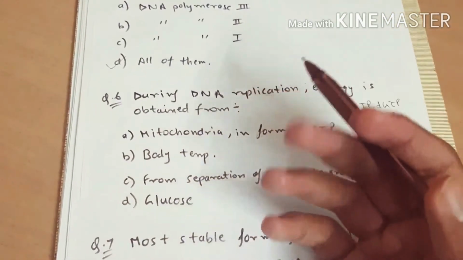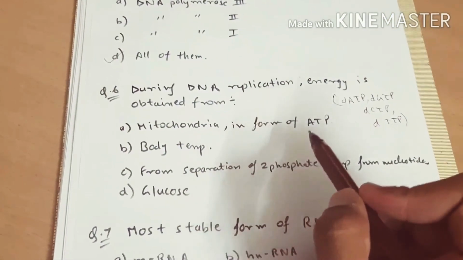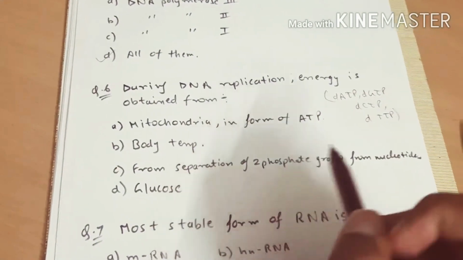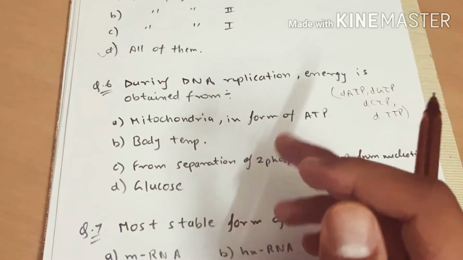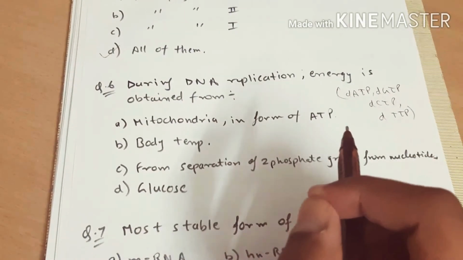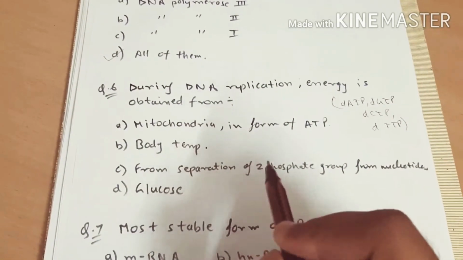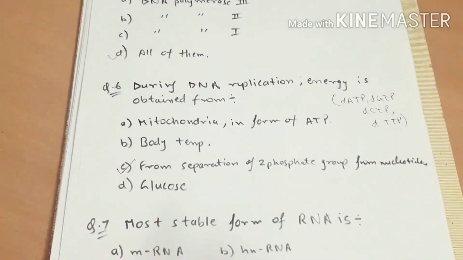So when the bond breaks for the separation of two phosphate groups from the nucleotide, there is a liberation of energy which is used during the DNA replication. So the answer is option C.